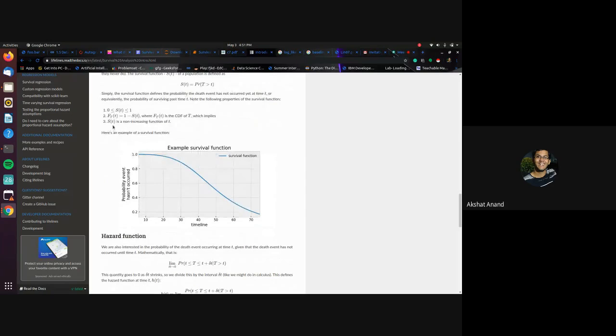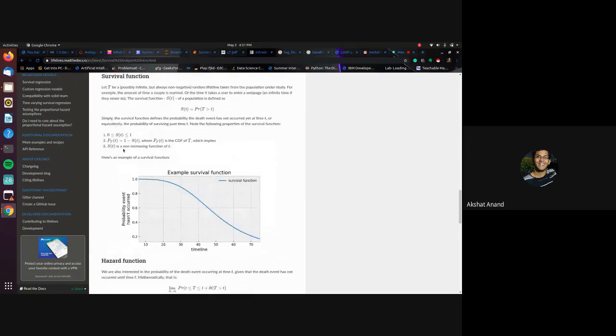Another important thing is that the survival function is not an increasing function; it always decreases with respect to time. We can see that this survival function eventually decreases as the timeline increases.